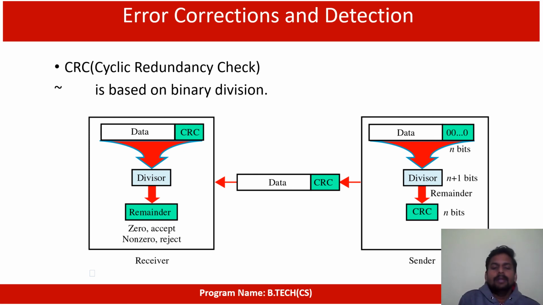The receiver receives the data and the CRC, and has the same divisor. If you divide that data, he will get zero as a remainder. Once the division gives zero, it is good data and they will accept it, otherwise they will reject it. That's it. This is how they do error detection and correction.